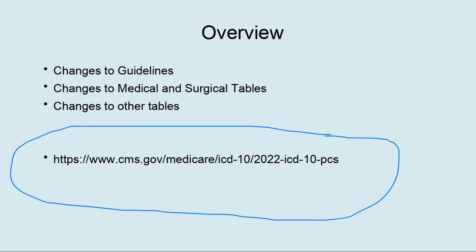This is really helpful because it talks more about not just the changes, but what the new procedures are used for. It gives a description of the procedures, what condition it is trying to treat, which you don't really get from just the tables on their own. So this is a really helpful site to check out.